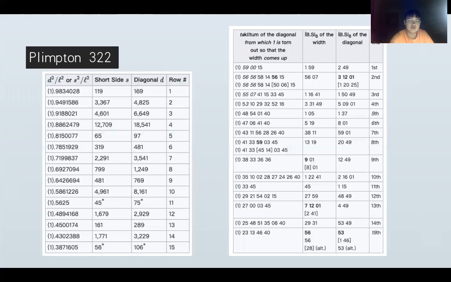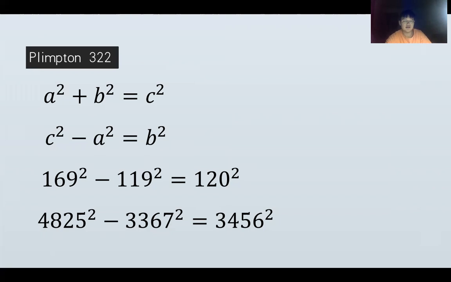So let's take the first row as an example. In the first row, in the second and the third column, we have 119 and 169. We put them into this formula, and we easily get 169 squared minus 119 squared equals 120 squared.